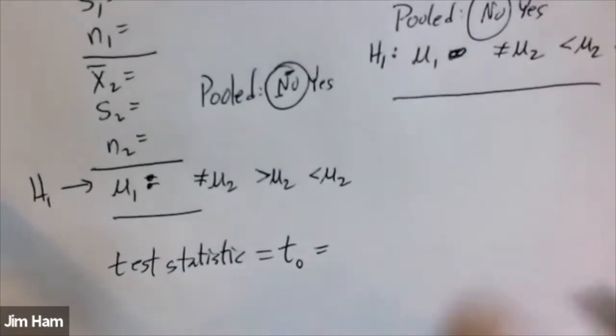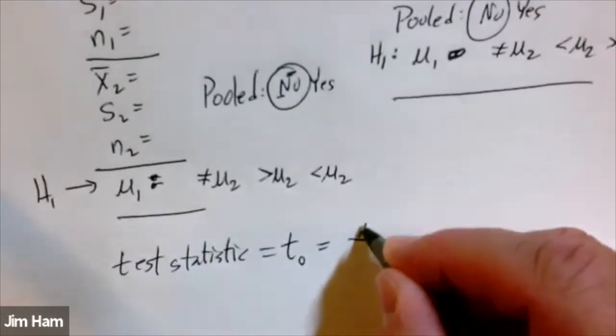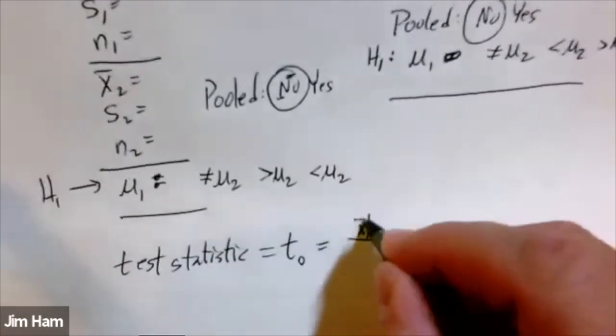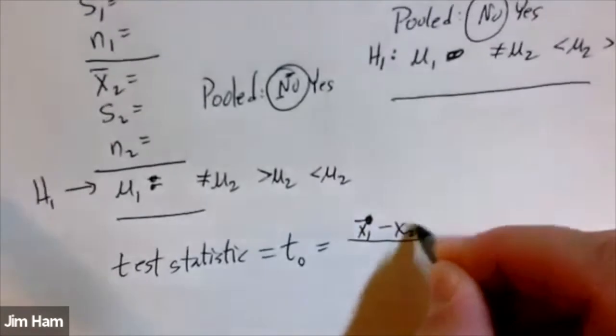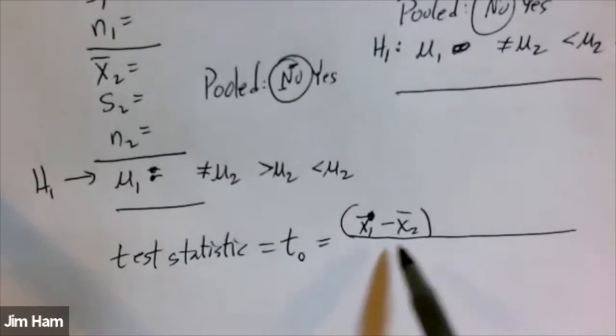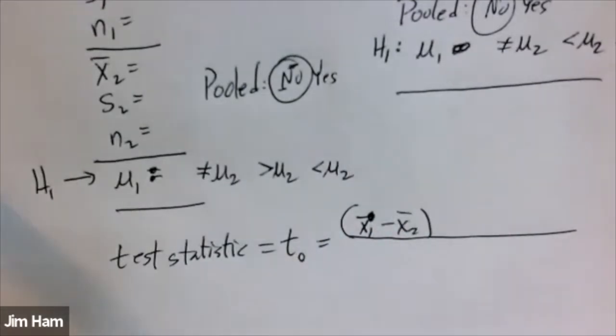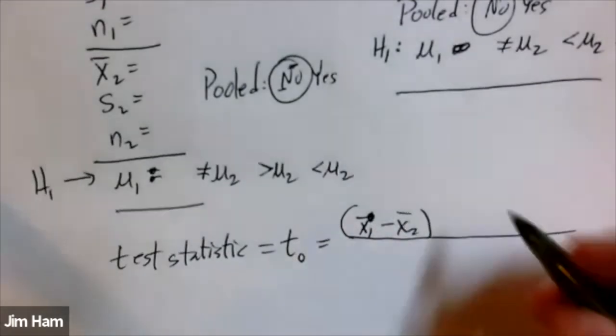And under certain circumstances, we have x1 bar minus x2 bar. If there's a big difference between those 2 sample means, then that would force the numerator of our fraction, our test statistic, to be large, which would in turn increase the size of the test statistic.